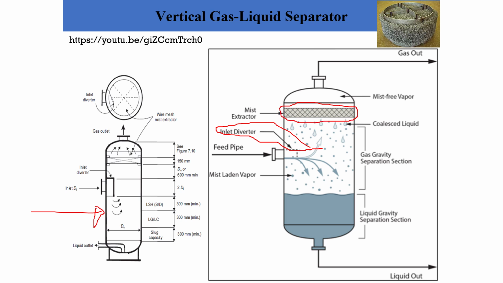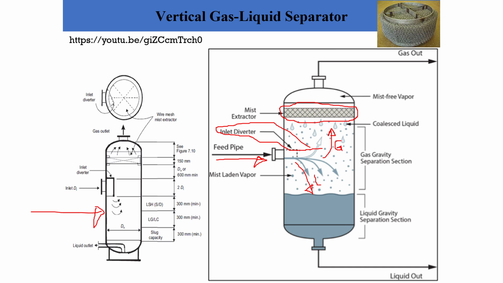Once the gas flows in, the main duty of the inlet diverter is to cause a change in the direction of the flow, and as a result the liquid flows to the bottom and the gas flows up. So the main duty of the inlet diverter or the inlet baffle is to change the direction of the flow, so the liquid will flow down and the gas will flow up.